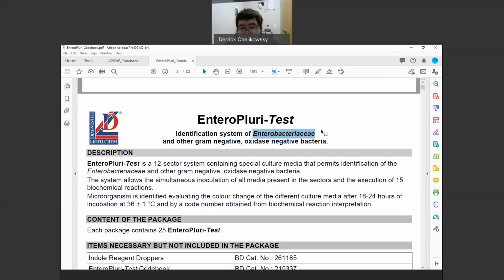And if it doesn't make sense for your lab report, it is perfectly fine for you to say, I don't know how to continue this. But I do know that the API and the Enterotube test will not work because our APIs and our Enterotubes are only for enteric bacteria. And I don't think I have an enteric bacteria. And this is why. And you state your reasons why you don't. That is a perfectly valid explanation. That would be a great discussion. It's almost like that would be a great quiz question.